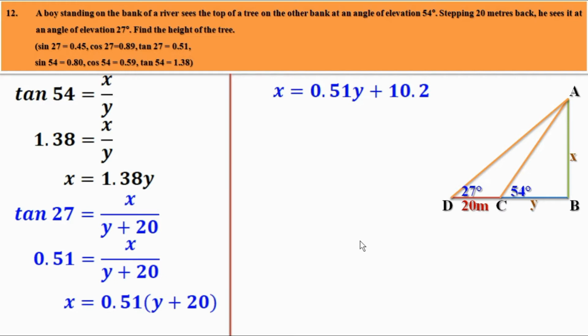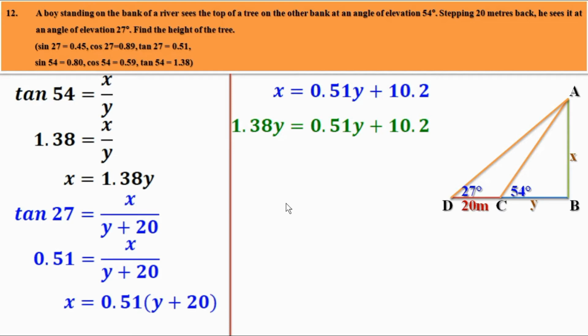Now we have got two values for x. First of all we got x equal to 1.38y. Now we got x equal to 0.51y plus 10.2. That means both these values are equal. So we can write 1.38y equal to 0.51y plus 10.2.